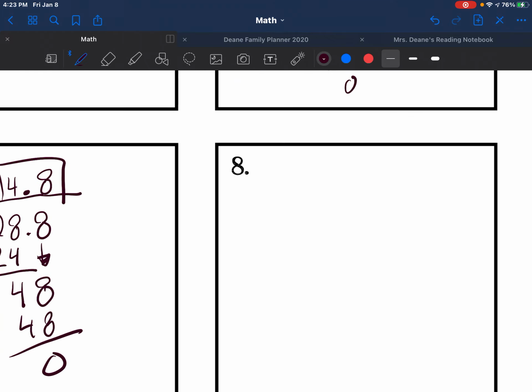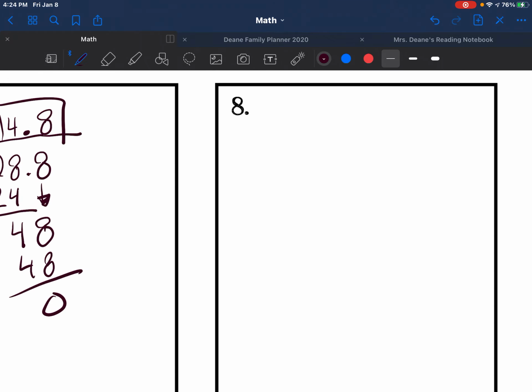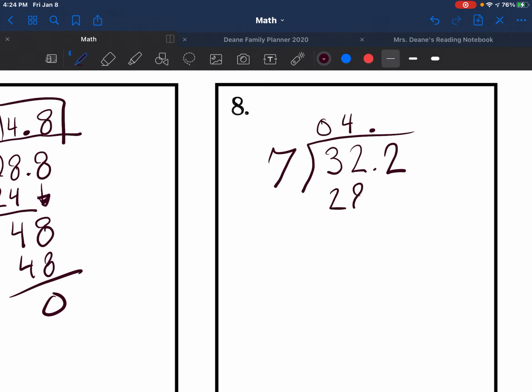So back to our work paper. We put 32 and 2/10 on the inside, divided by 7. 7 cannot go into 3, but 7 can go into 32. 7 times 4 is 28. 32 minus 28 is 4.